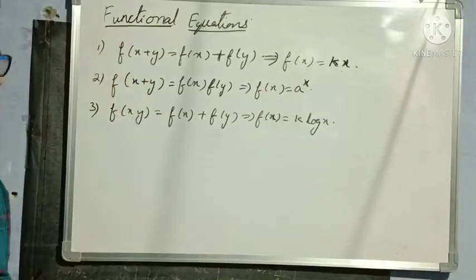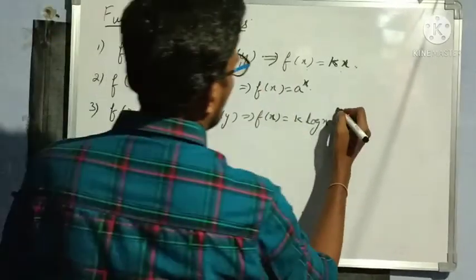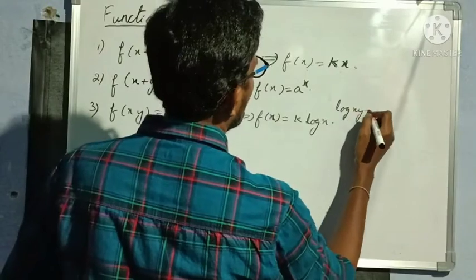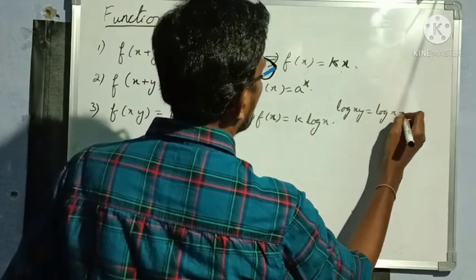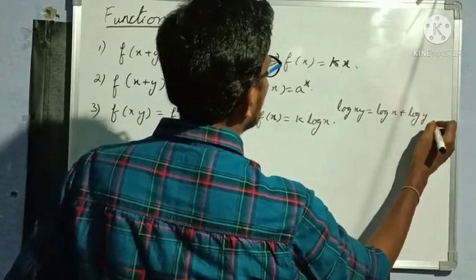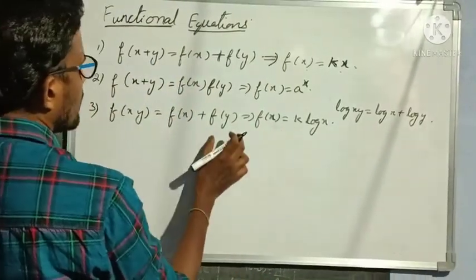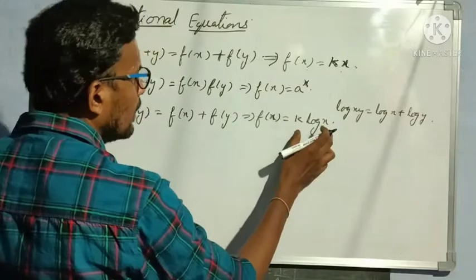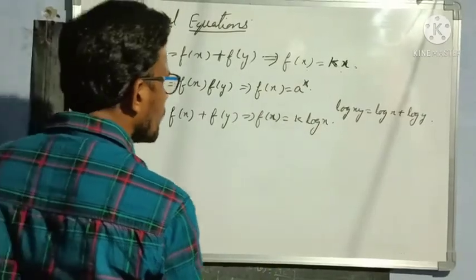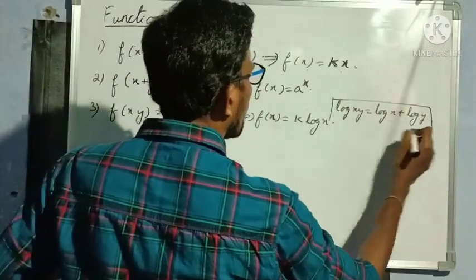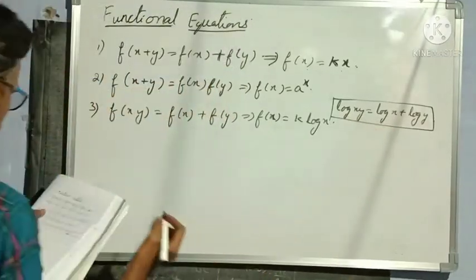Why? Because we know that log xy is equal to log x plus log y. That's why f of xy is equal to f of x plus f of y means we'll get function in log terms. Understood?